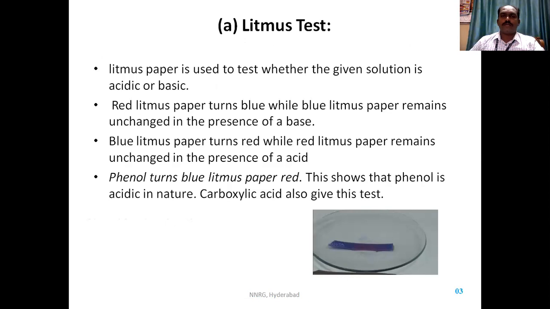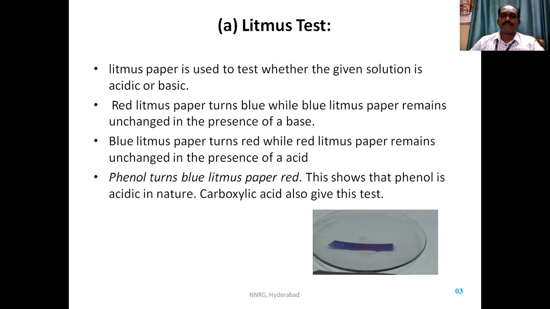It is a very common test used to identify acidic or basic solutions. The litmus paper is used to test whether the given solution is an acid or a base. If it is a base, red litmus paper always turns blue, while blue litmus remains the same. There is no change in the blue litmus paper for a base.